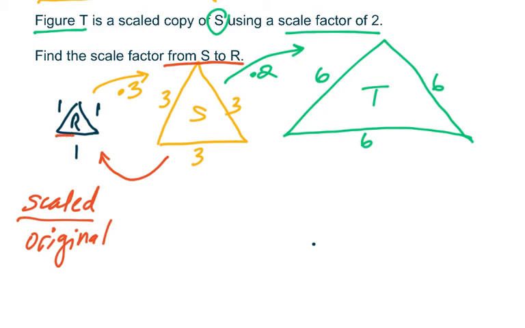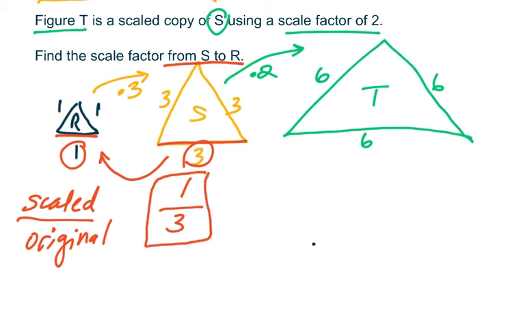I could take this side length, for example, a side length of 1 from my scaled triangle, and the corresponding side length here has a length of 3. And so my scale factor is 1/3.